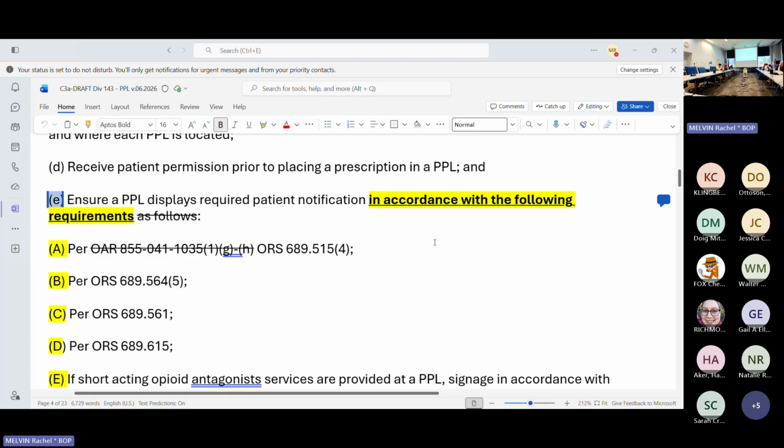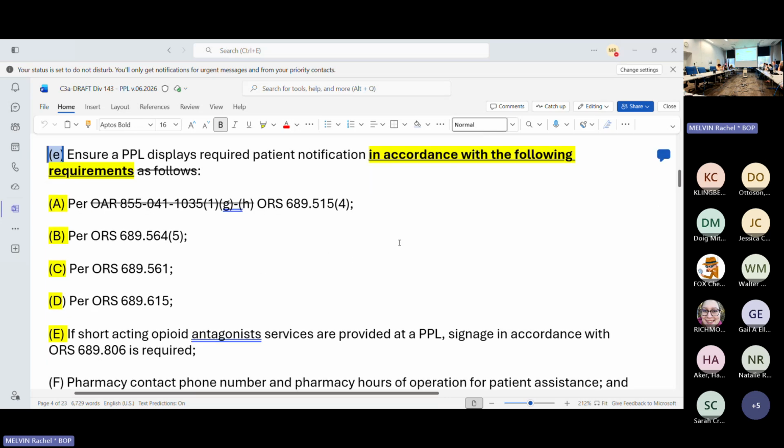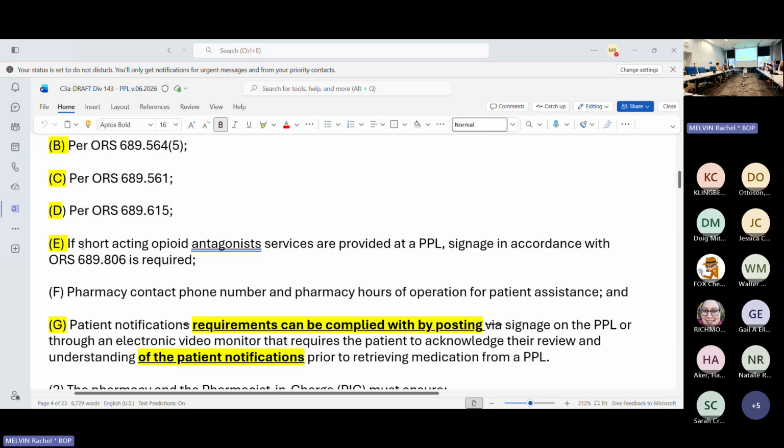I just was hoping you could say what you said again for E, the short acting. Yes, and I will try my best to articulate this because I know this is hard to explain.